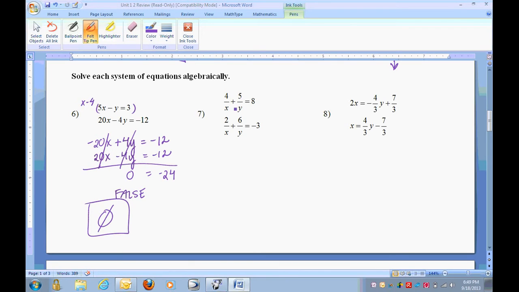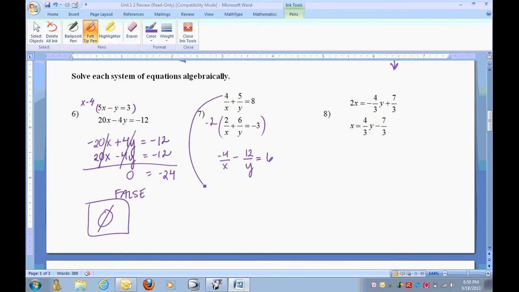Okay? All right, so number 7, we have x and y in our denominators of both equations. So what we're going to focus on is our numerators, and I'm going to use elimination again. Looking at the numerators over my x's, I have 4 and 2. So I can multiply this bottom equation by negative 2, and I end up with negative 4x minus 12 over y equals 6.